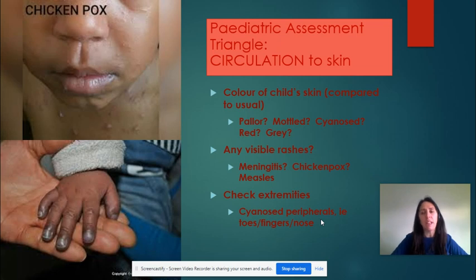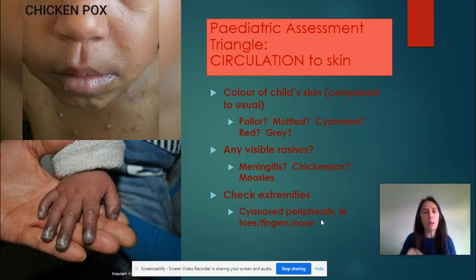And that will kill 10% of people that have it. So it's really important that we find meningitis rash. At the moment, we're hands off, we're doing our pediatric triangle. It's enough to say, oh, I see a purple rash on the skin. You're going to investigate that further when you touch the patient with the glass test. But for now, you're saying circulation of the skin is dodgy. There is a rash.